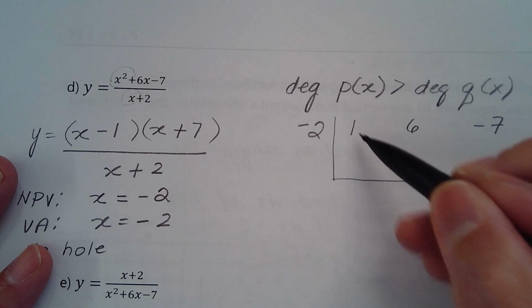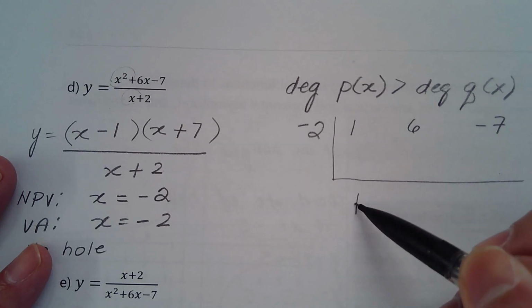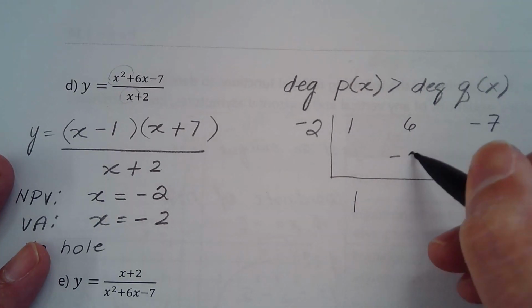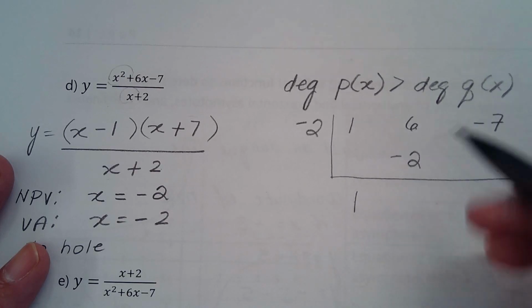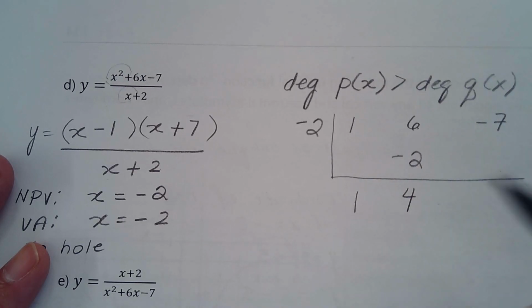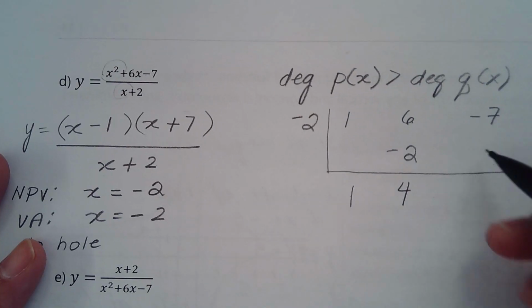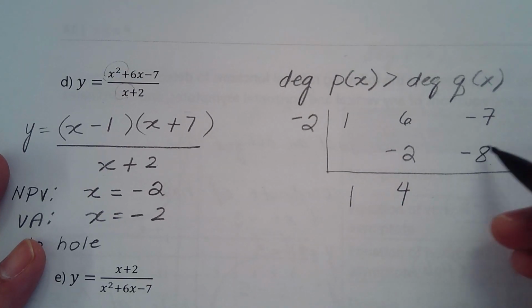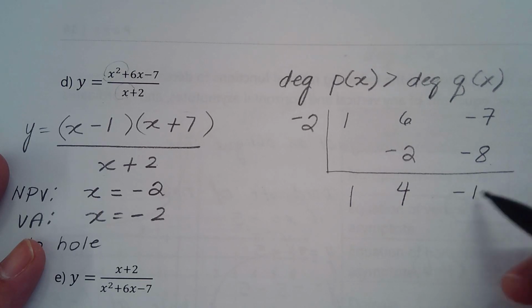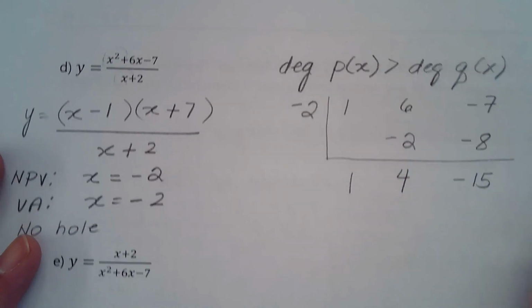Okay. So bring down the 1. 1 times -2 is -2. 6 minus 2 is 4. 4 times -2 is -8. And then add that would be -15. Okay.